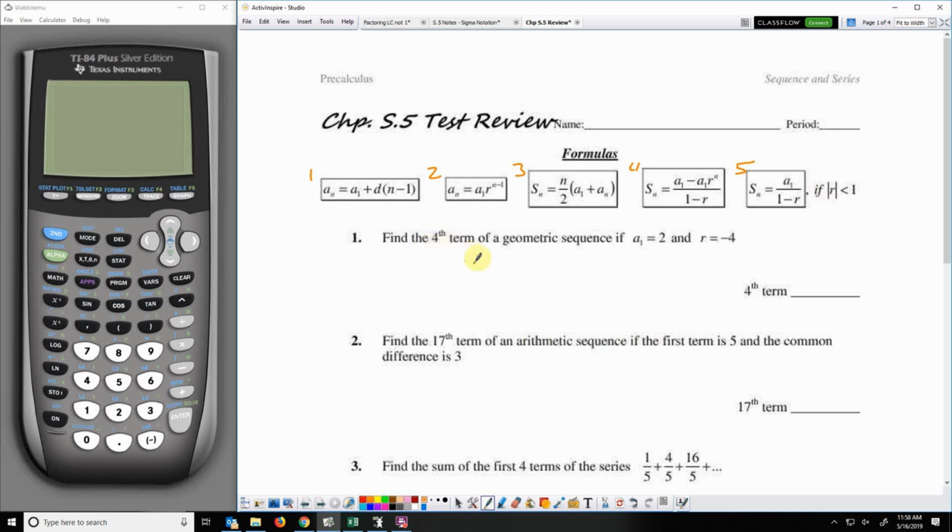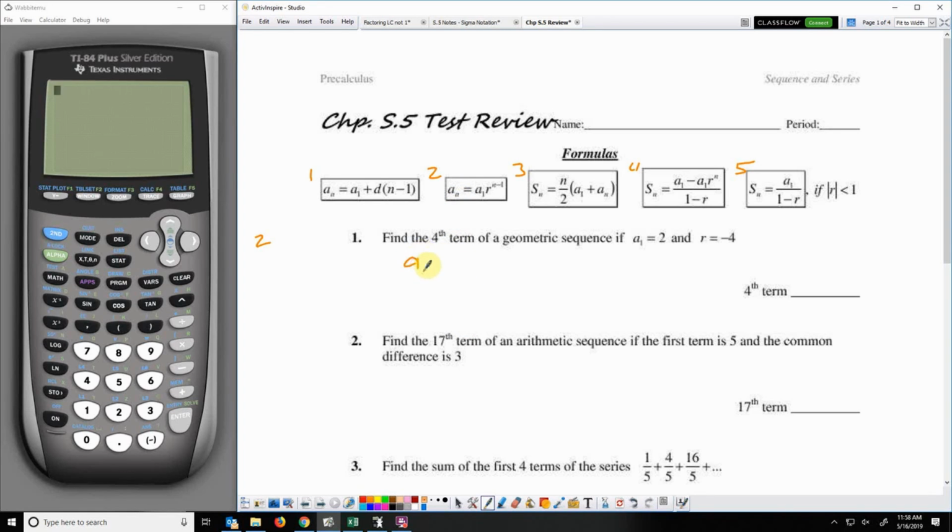So first, find the fourth term of a geometric sequence. Okay? So we're not finding a sum of a series, so it's none of these S formulas. And it's geometric, so it's going to be formula number 2. Okay, so a sub n.